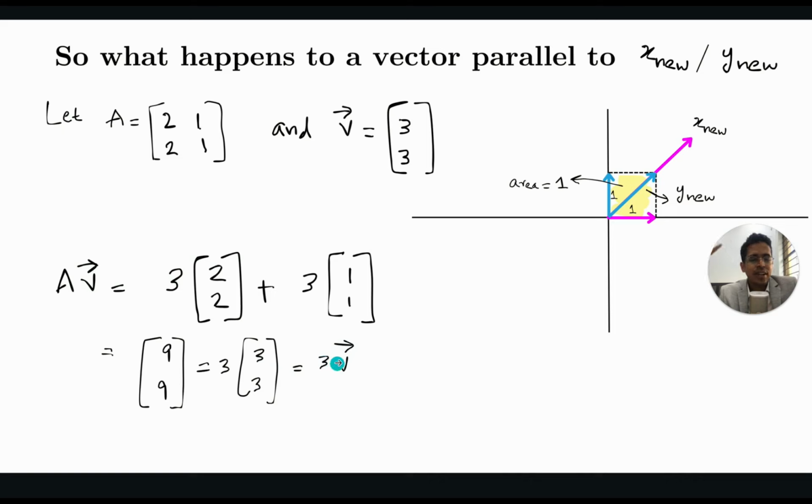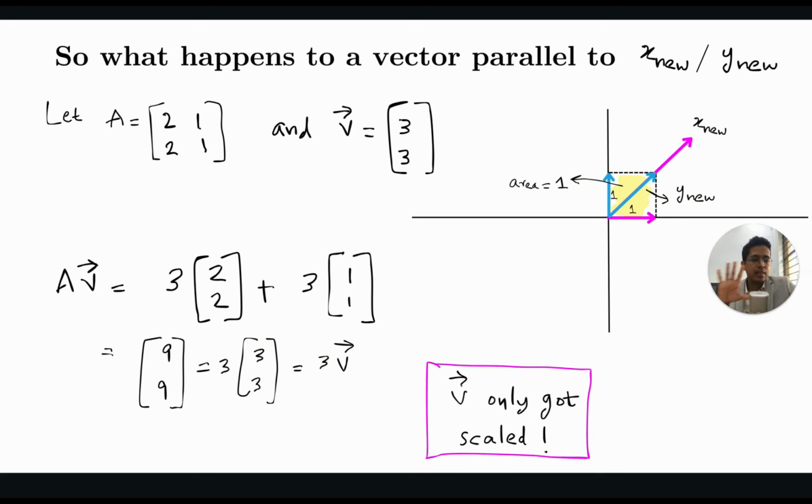A cannot rotate v, A cannot shear or do anything else; A is just scaling v. So here you can see that if A is a transformation matrix, v is a vector and 3 is a constant, then for this transformation matrix, v is an eigenvector and 3 is an eigenvalue. Now we can easily relate this back to our original equation, determinant of (A minus lambda I) equal to 0. I'll come to that in a moment, but just notice that v just got scaled.